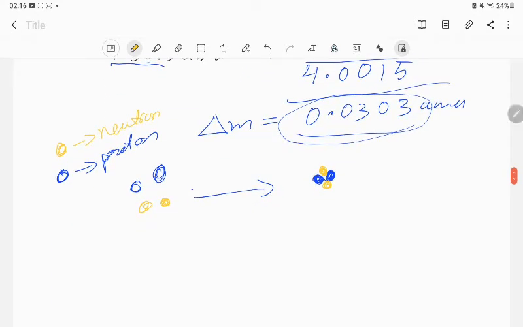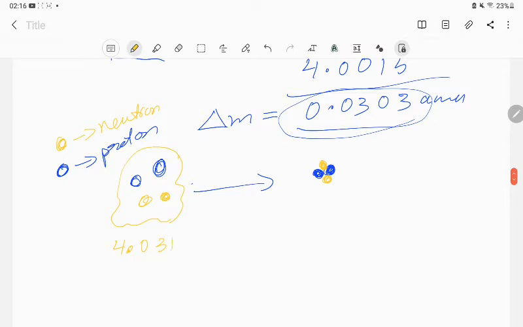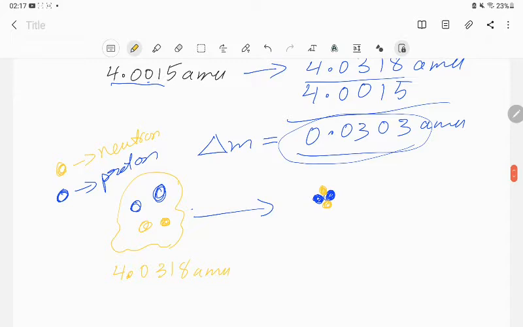Here, when they are separate, the total mass is 4.0318 AMU. And when they are together inside the nucleus, when they form a helium atom, its mass was found to be 4.0015 AMU.